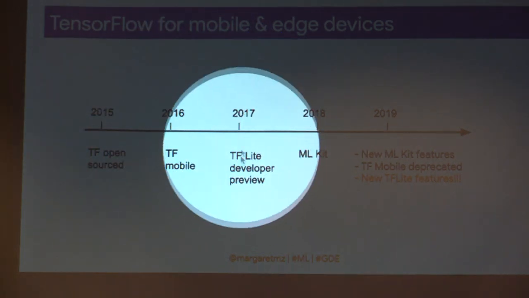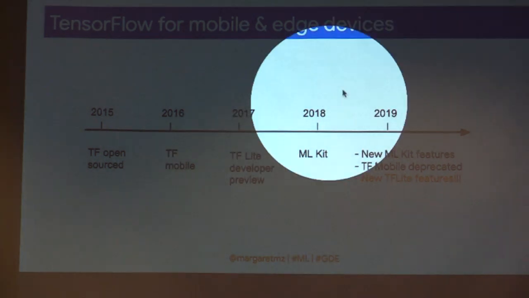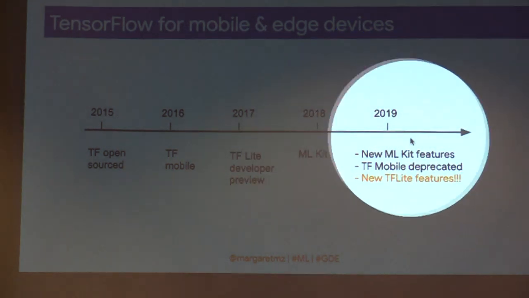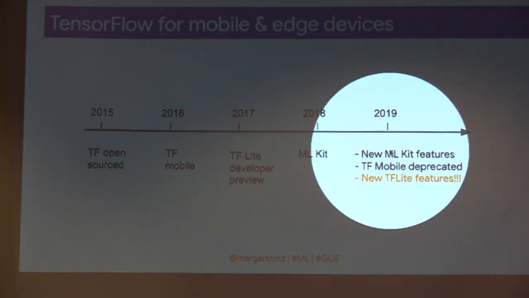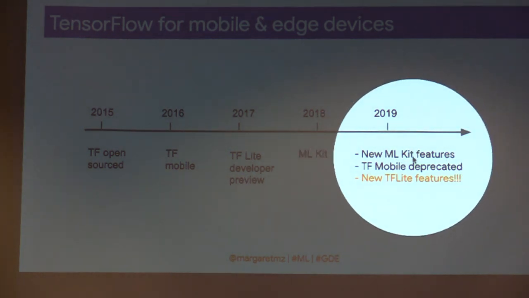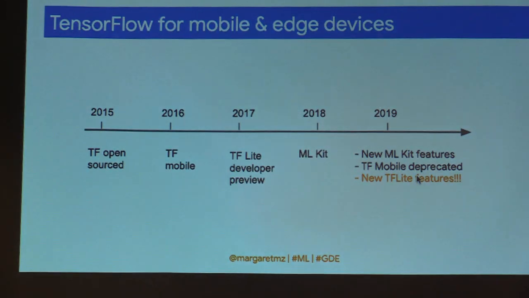Then at the end of 2017, the TFLite developer preview was announced, and in 2018, ML Kit was announced at I/O. In 2019, quite a few ML Kit features were added, TF Mobile was deprecated, and lots of new TFLite features were added. So today, if you search for TensorFlow Mobile, you're not going to find any documentation on it because it's deprecated.